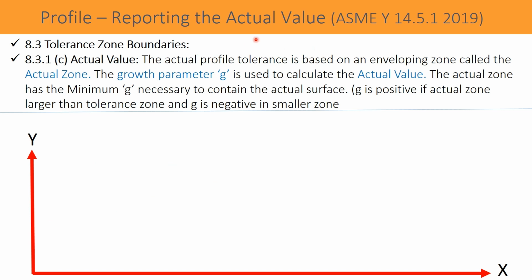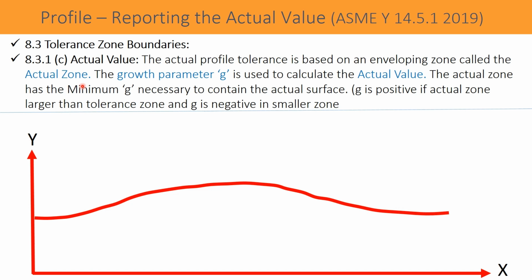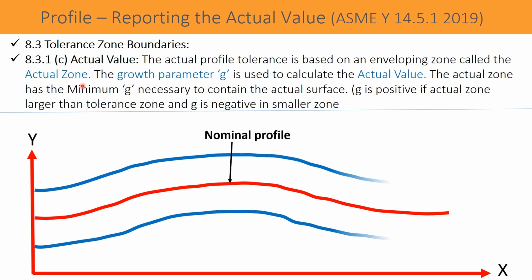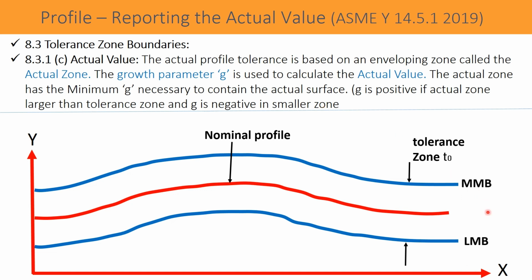For the conformance of the profile, there is one more term used, called the actual zone. We know the nominal tolerance zone is a zone around a nominal profile, and these profile lines we call the maximum material boundary and least material boundary.